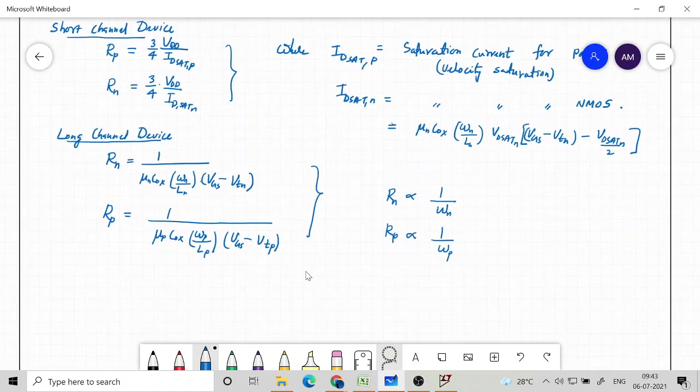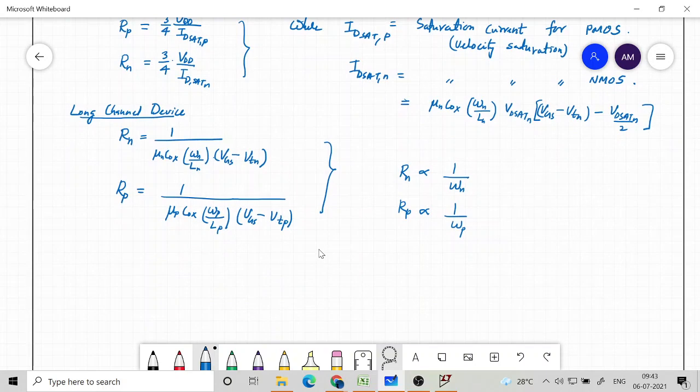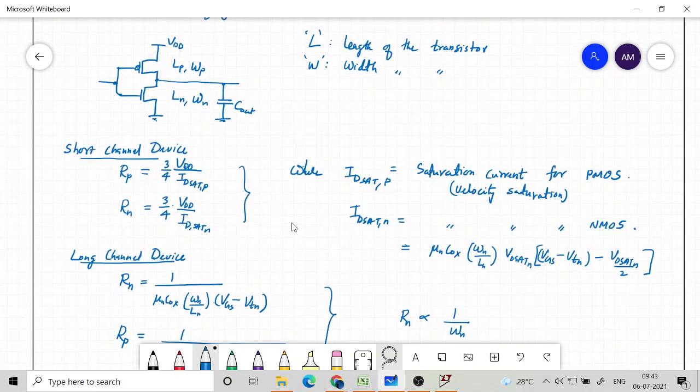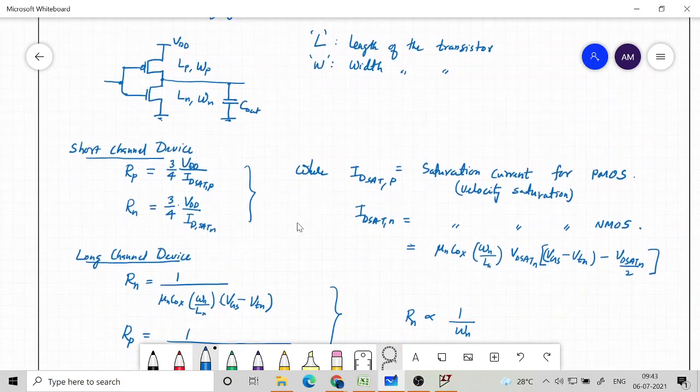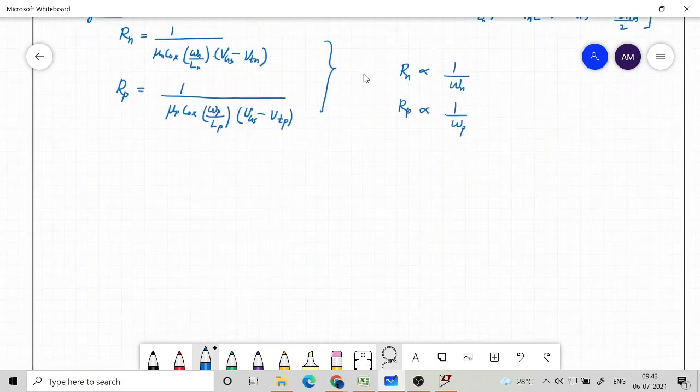So when you design NMOS and PMOS transistors, we keep the values of Ln and LP at the minimum value. We usually vary only Wn and Wp.